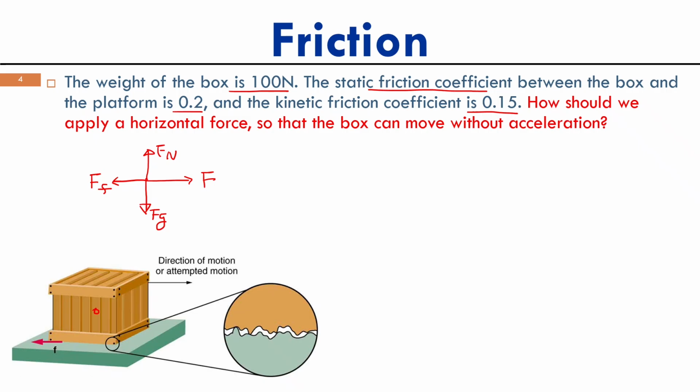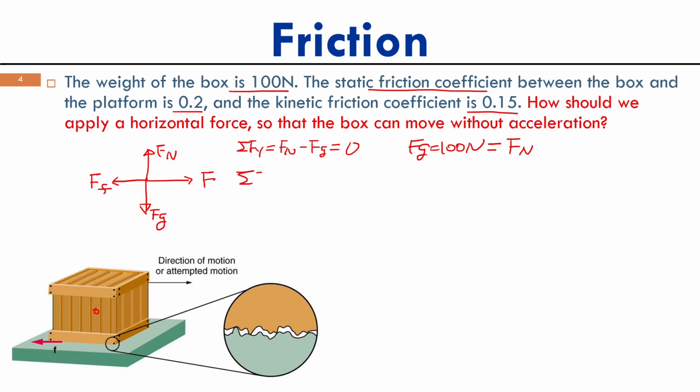If we look at the net external force along the y direction, Fn minus Fg equals 0 because there is no vertical motion. So the gravity equals 100 Newton, and the gravity and the normal force are the same, so the normal force is also 100 Newton. And now let's look at the horizontal direction.